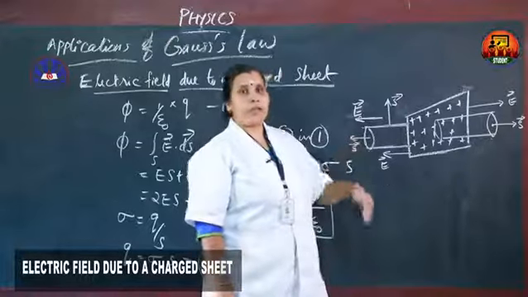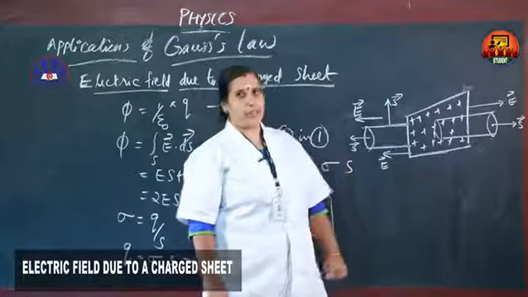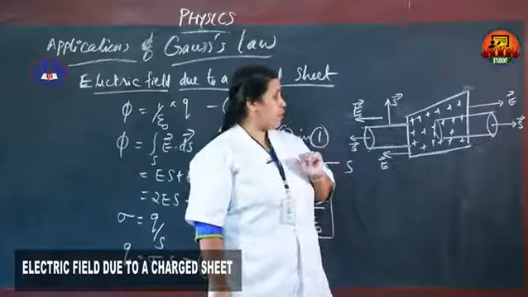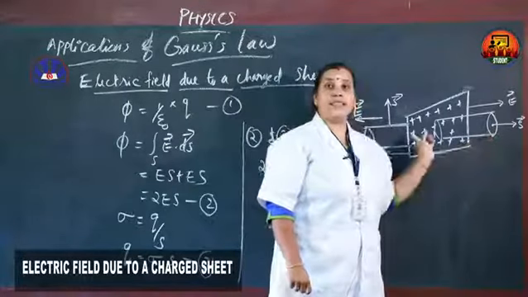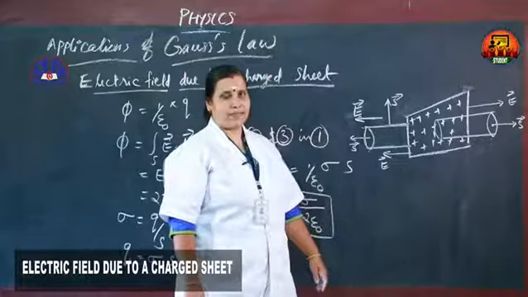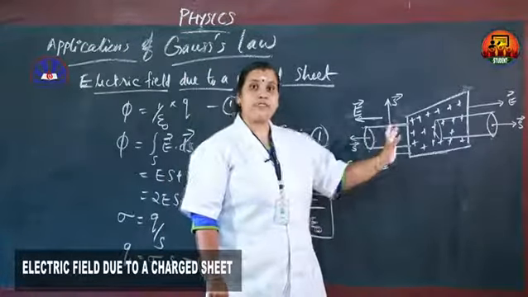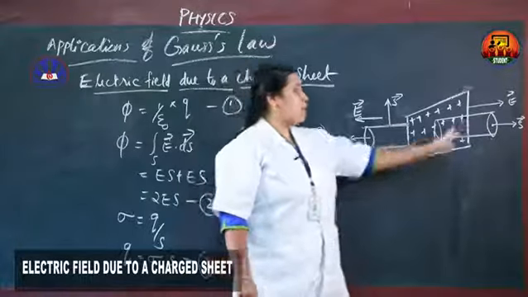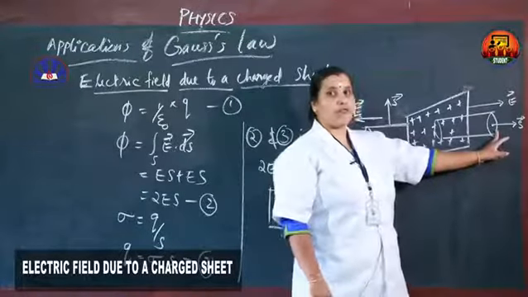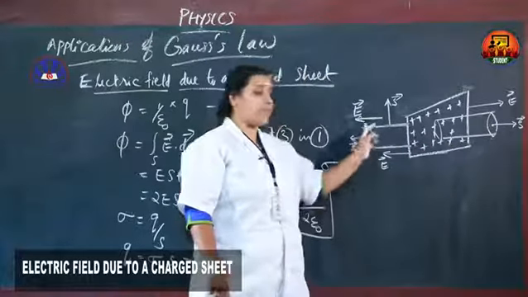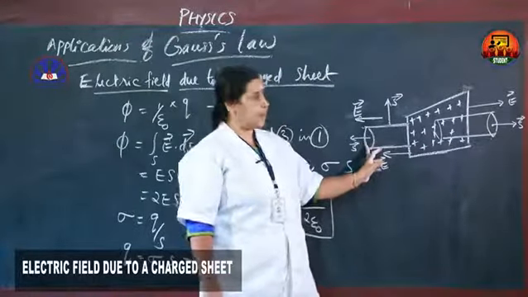Now by applying Gauss' law, our aim is to find electric field. So as the first step, you have to find the electric flux enclosed by this cylindrical surface. Same as before, here also we can divide our cylindrical surface into 3 regions. First region is the first circular face, the second region is the curved surface, and the third region is the third circular face.